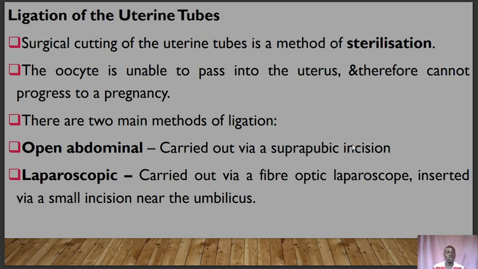There are normally two major methods of ligation. We could have open abdominal ligation, normally carried out via a suprapubic incision just above the pubis. And then we have laparoscopic ligation, carried out by a fiber optic laparoscope, which is normally inserted via small incisions near the umbilicus.